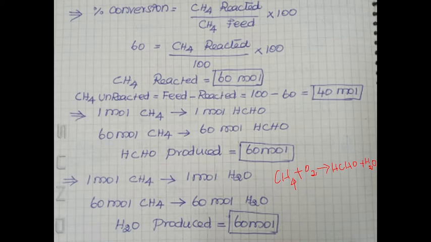Next we are going to calculate water produced. As per the reaction, 1 mole of methane produces 1 mole of water. With 60 mole of methane reacted, 60 into 1 by 1 is equal to 60 mole. So water produced is equal to 60 mole.